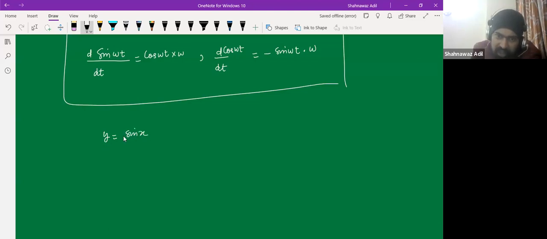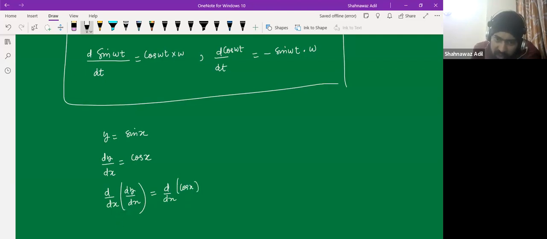And if we take the differentiation one time, that would be cos x, right? And again, if we take the differentiation, so d by dx of this, how much would it be? This is d by dx of cos x.